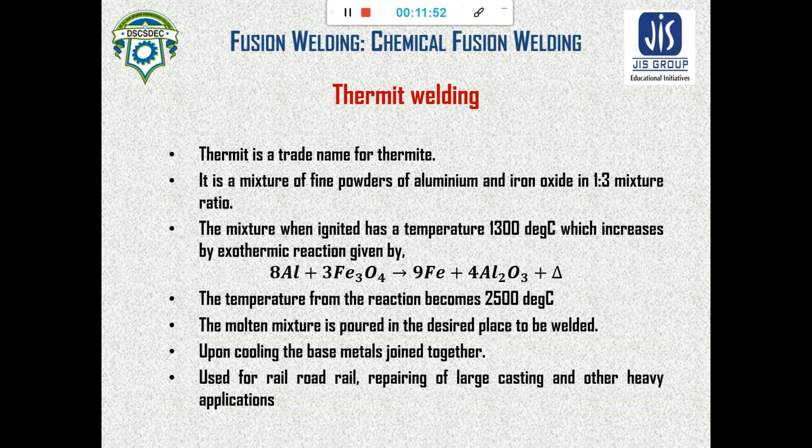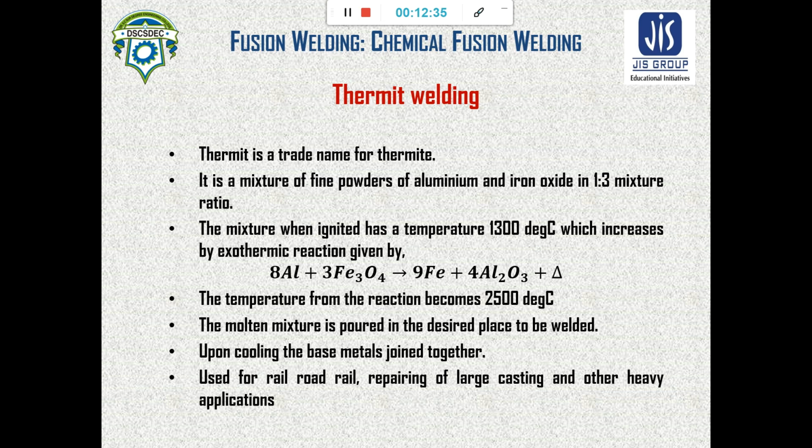Now this temperature will be increased by an exothermic reaction, that is 8Al plus 3Fe3O4, which gives us 9Fe plus 4Al2O3 plus a large amount of heat. By adding the heat generated from the chemical reaction, the temperature of the metal rises, and a molten mixture of thermite is formed.